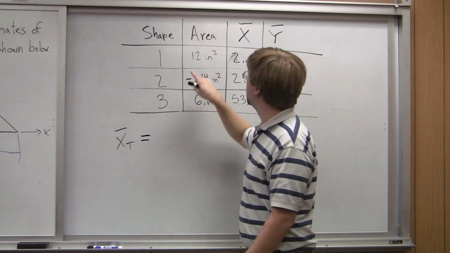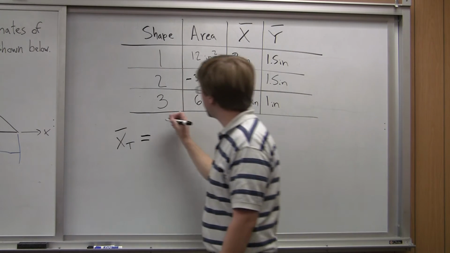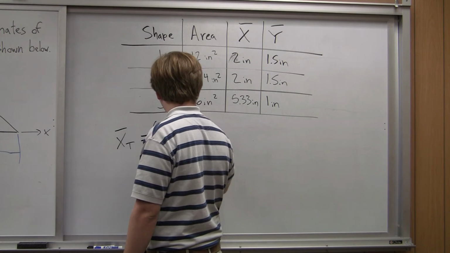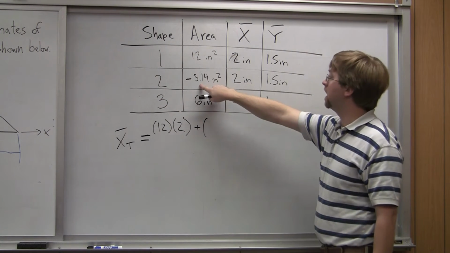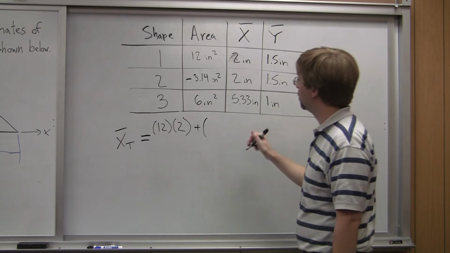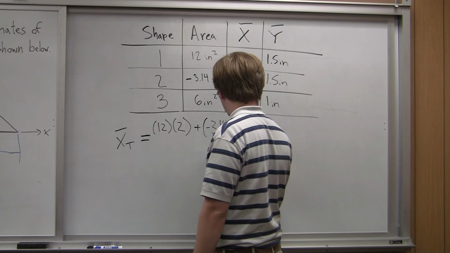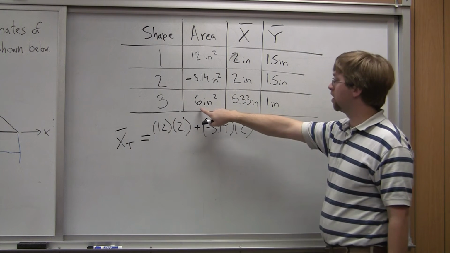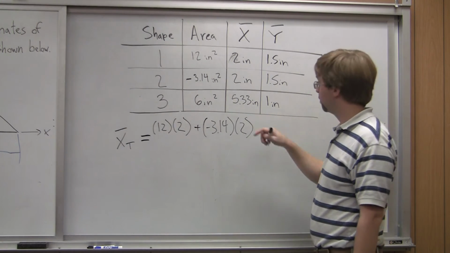So this is going to be area 1 times x bar 1, so 12 times 2, plus, I go to the next line, negative 3.14 times 2, plus I go to the third line, 6 times 5.33.